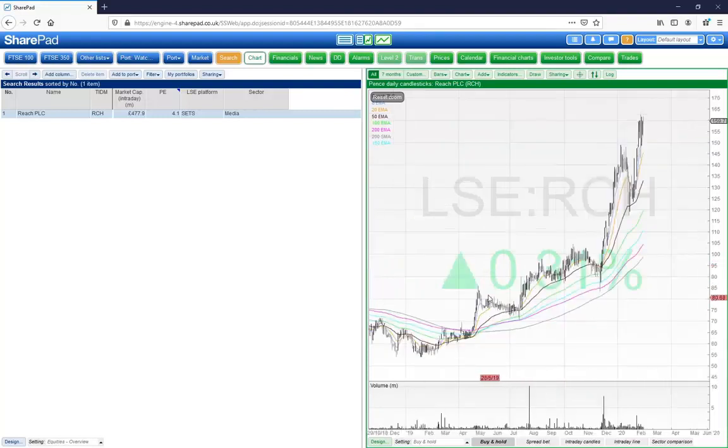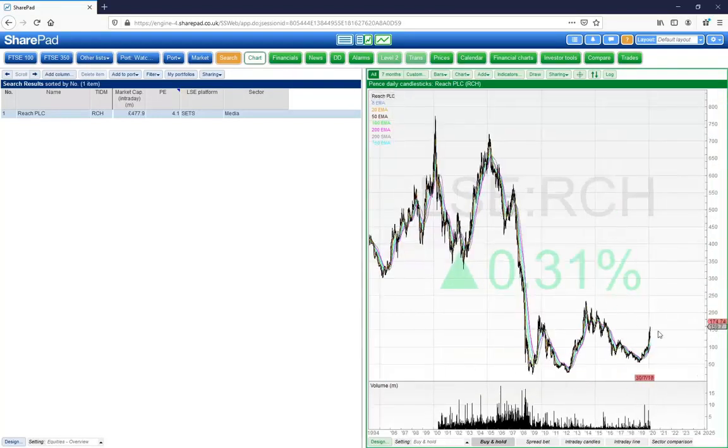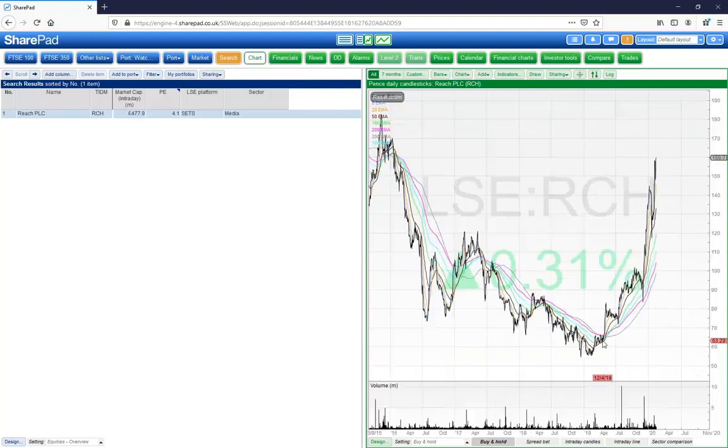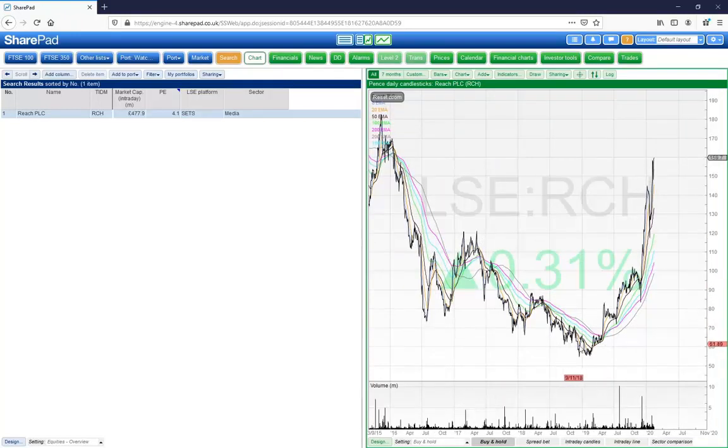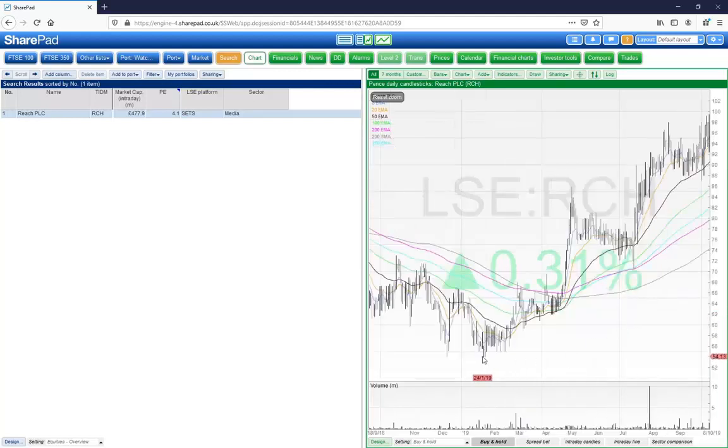What I noticed is that if we look, there's a nice volume started picking up. The stock started to move up. So when a stock's well off the bottom, I take that to mean that selling has dried up. Volume started to increase, the stock started to move. I got in around this level.